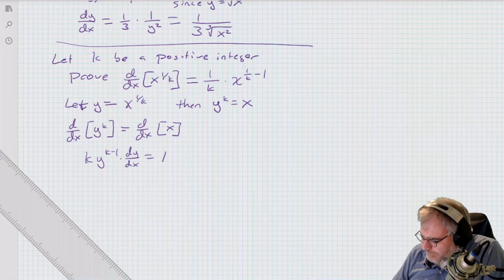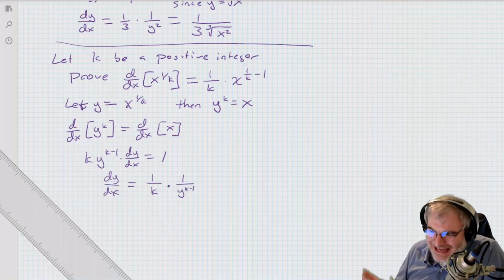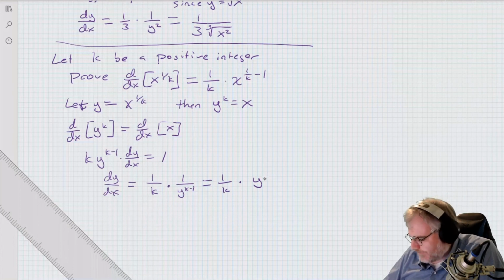And that equals 1. Okay, well, let's put that over on the other side. And we wind up with dy over dx equals 1 over k times 1 over y to the k minus 1, but I want that whole thing to be on top. So what I'm going to do first is multiply through a -1 and stick it on top. And the reason I'm doing that will become evident in just a moment.